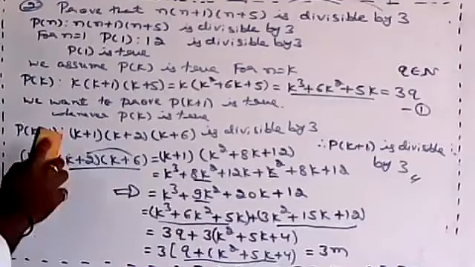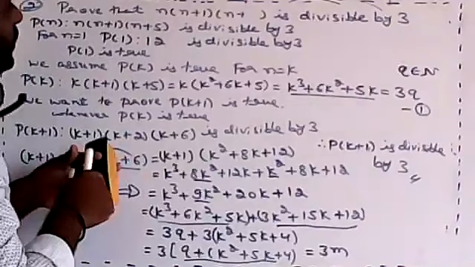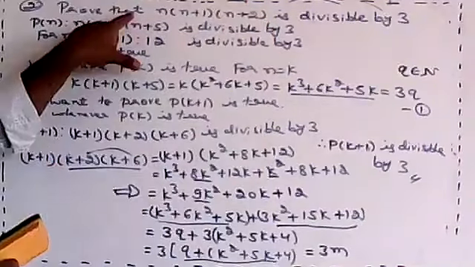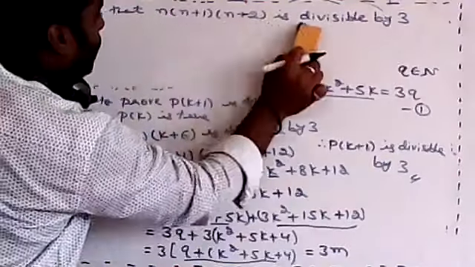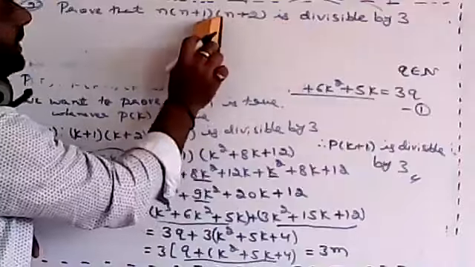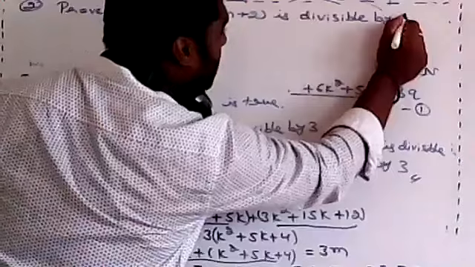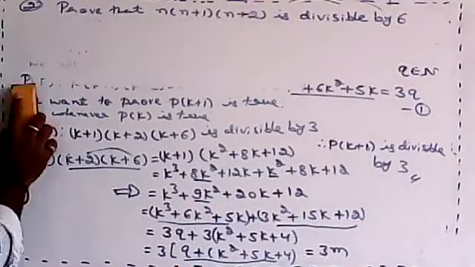Yes. So one more I'll give for homework. Just you have to take for homework this one, and you have to tell me in the next class. See, prove that n into n plus 1 into n plus 2 is divisible by 6. Just you have to solve it. Same type problem.